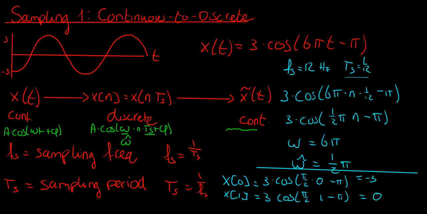So if we draw that already in our stem plot, or our function over here, we get these values so far. And if we do that for all the other values, for x0, x1, and then x2, x3, x4, etc., then we get all these nice data points of our function. And these data points, the height of our function, that is the value that is stored onto a disk or something else.